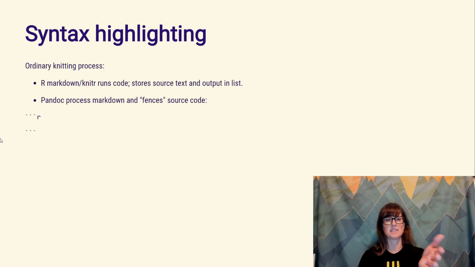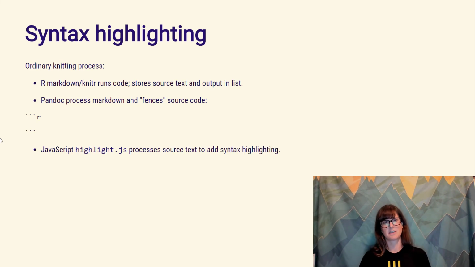By which I mean it puts these tick marks in R, very similar to a code chunk in R Markdown, but not quite identical. And the reason it does that is because those fences are recognizable to JavaScript. So this JavaScript script called highlight.js is going through and processing source text.